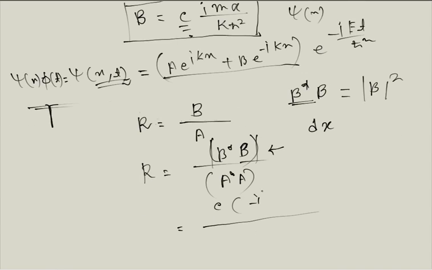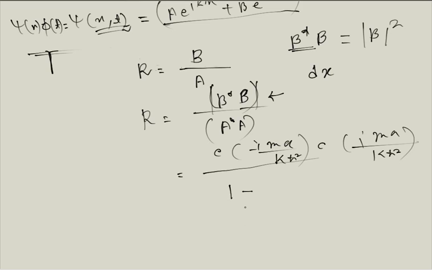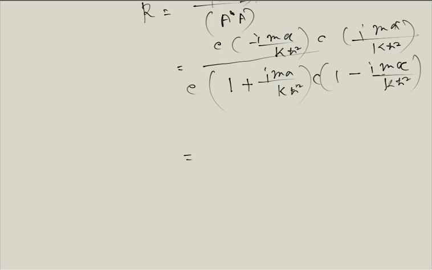The complex conjugate of b is a times i m alpha over k h bar square, and the complex conjugate of a will be plus i m alpha over k h bar square, and a was minus i m alpha over k h bar square, and it will give the result.